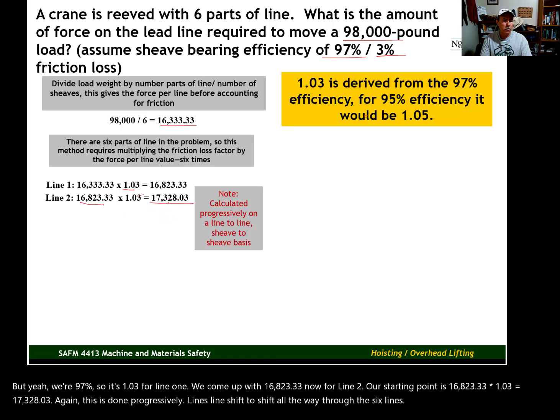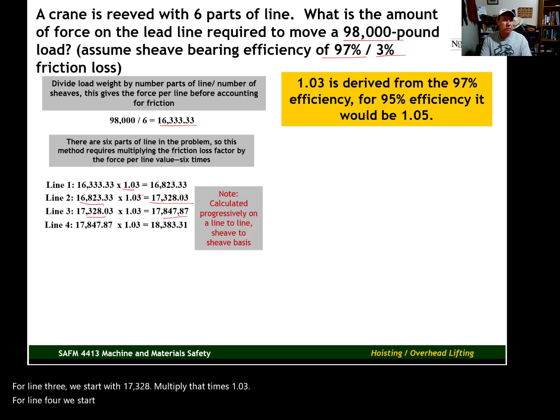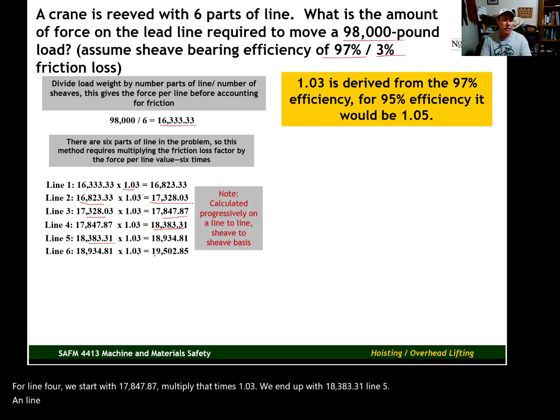For line 3, we start with 17,328, multiply that times 1.03. For line 4, we start with 17,847.87, multiply that times 1.03, we end up with 18,383.31, line 5, and line 6 until we get to the very end.